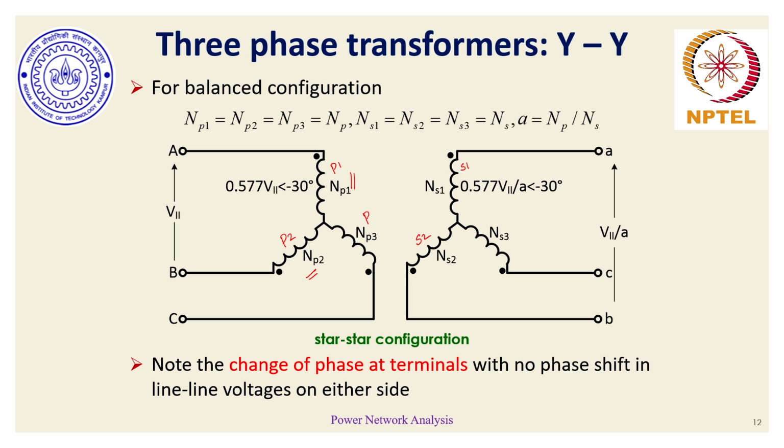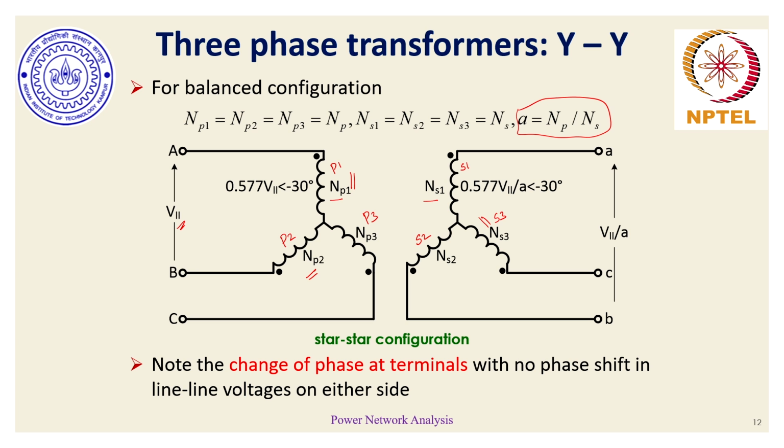And lastly, we have pair 3, whose secondary is S3 on this side. So if we apply, let's say, a rated voltage VLL, the line-to-line voltage, on the primary side of the three-phase transformer across any two phases, phase A and phase B, and define the turn ratio, which is the number of turns NP1 to NS1, by this relationship A, the same turn ratio is also observed across the other two pairs of windings.